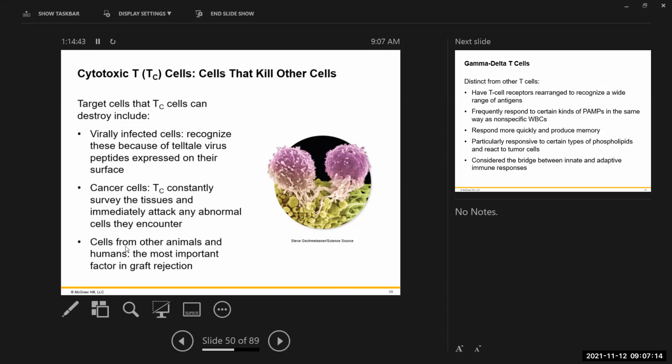The idea is to get the cytotoxic T cells to wake up and recognize the cancer. Once they recognize the cancer, they'll destroy it. This therapy is proving remarkably effective against certain types of tumors that are resistant to lots of different chemotherapeutic agents.